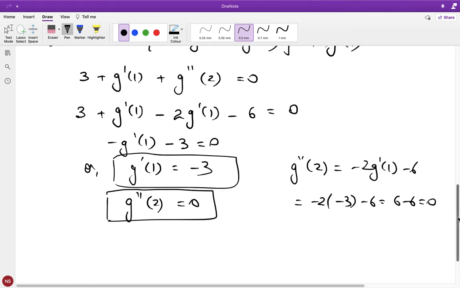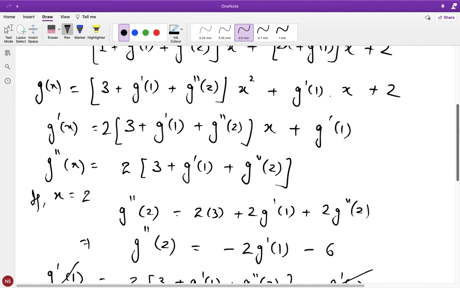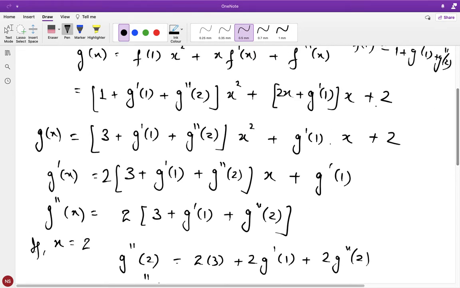We have g dash 1, we have g double dash 2. Now we have gx. gx is this. g dash 1 is minus 3 and g double dash 2 is 0. So 3 minus 3 is 0. So gx is equal to, and this is minus 3, minus 3x plus 2.